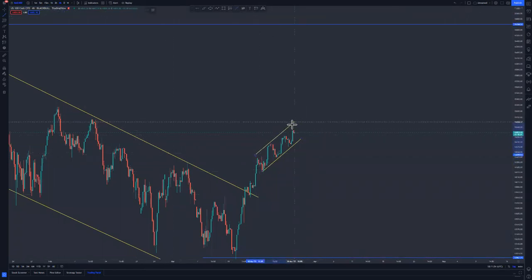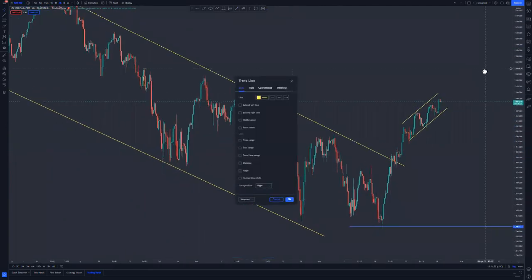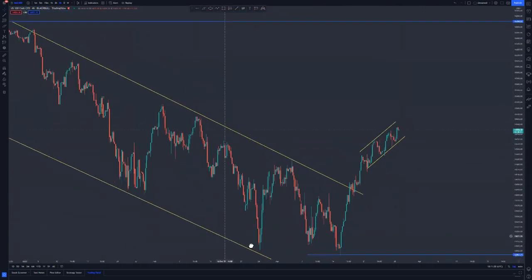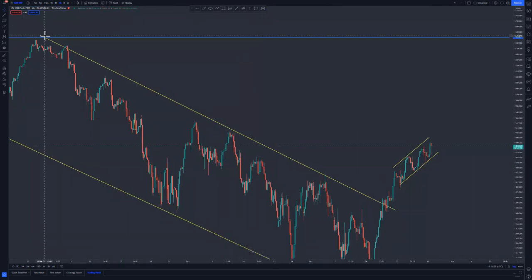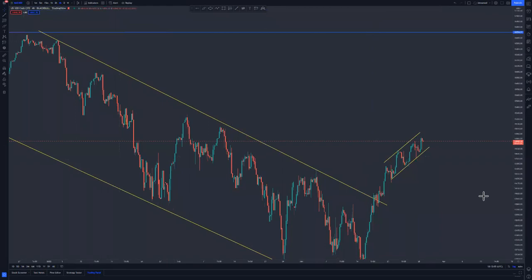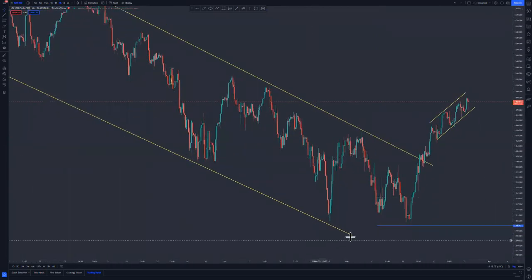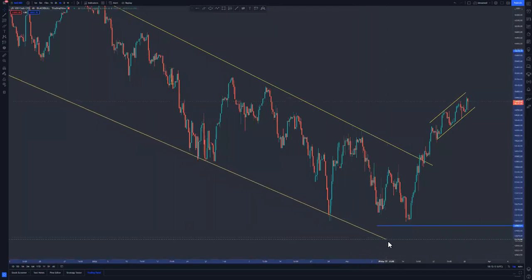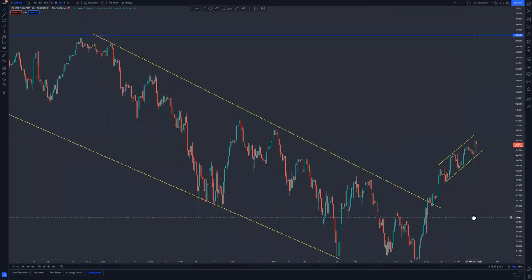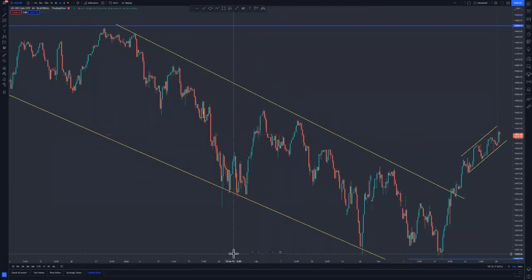And this structure is a continuation structure. So this is how it is. You need to understand those things, guys. This is a continuation structure. I hope it makes sense. This is a continuation pattern.